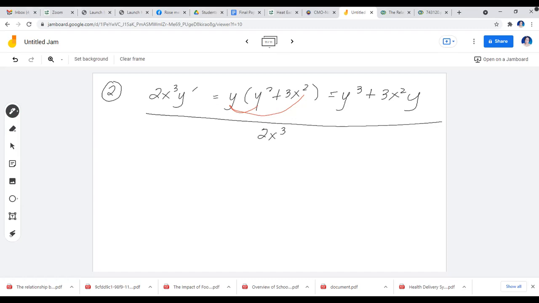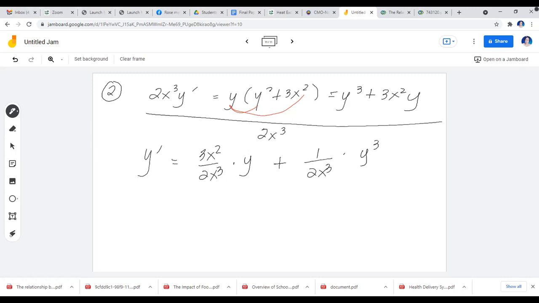If you do that, you will have y prime left on the left side, and I'd like to distribute the 2x cubed as a divisor. So I will have 3x squared over 2x cubed, then y. Then on the other one, plus 1 over 2x cubed times y cubed.